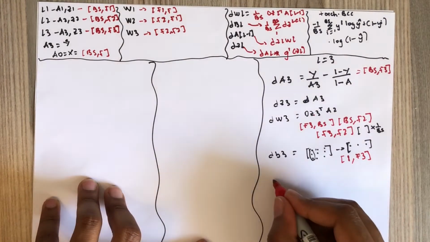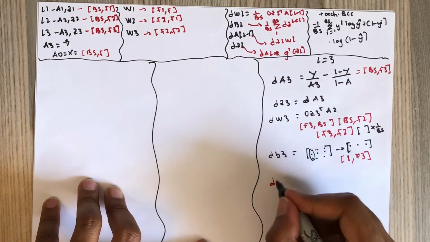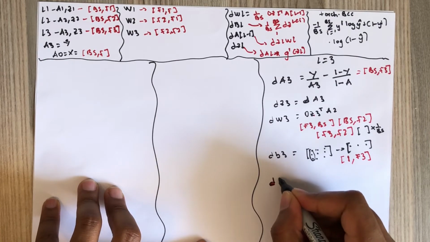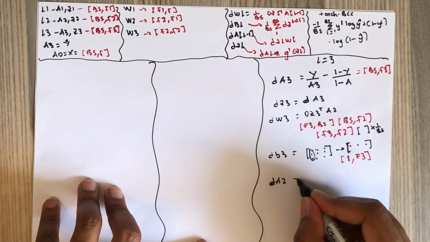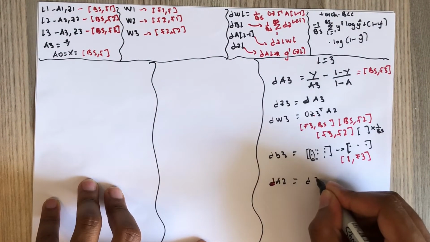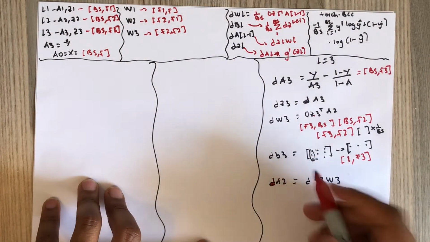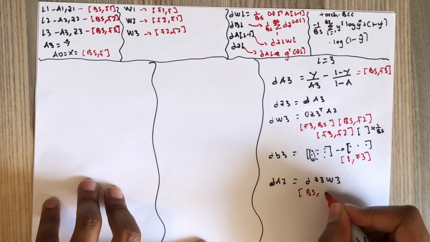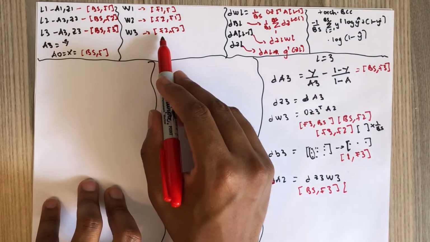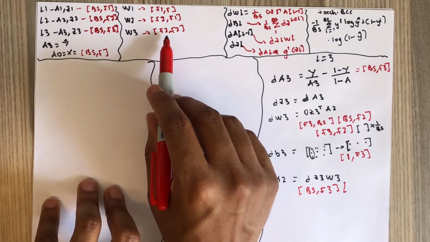Let's continue. Then we need to use this formula now. The formula here says dA2, we're in layer 3, so dA2, how do you compute it? Use dz3 w3. What is dz3? dz3 has a dimension of bs by f3. w3 had a dimension of f2, right?